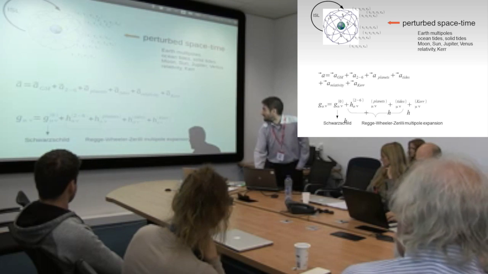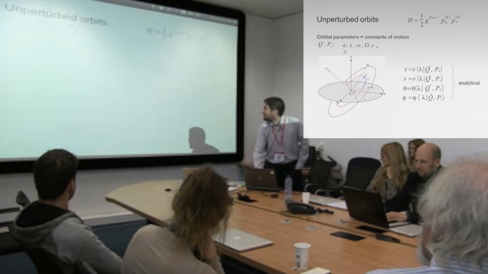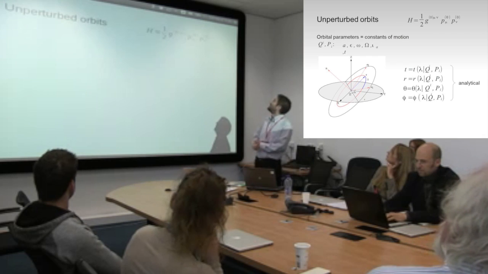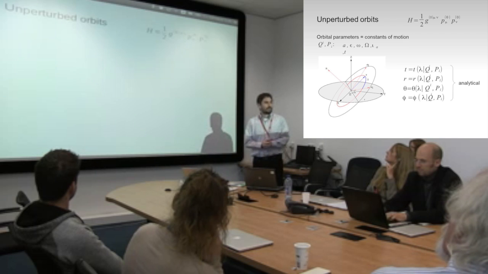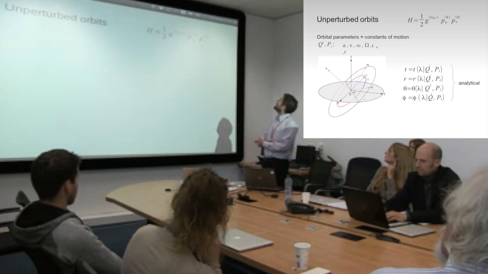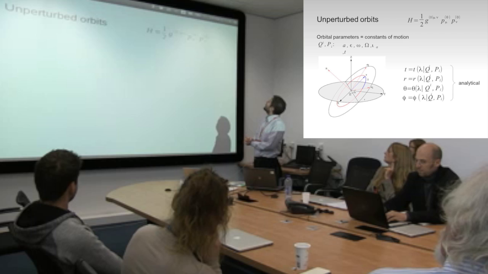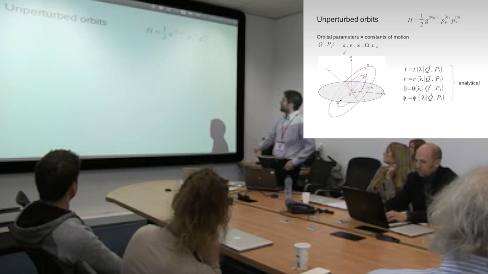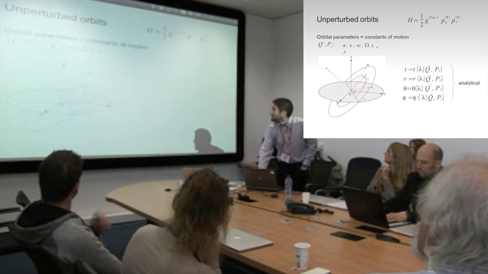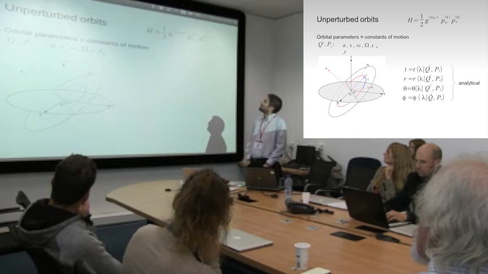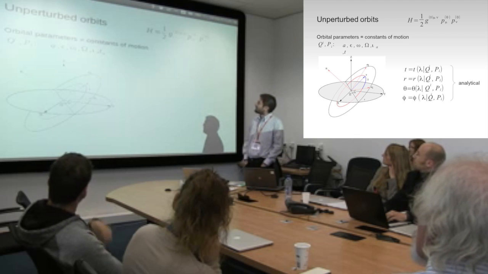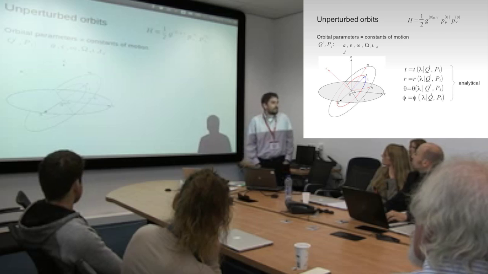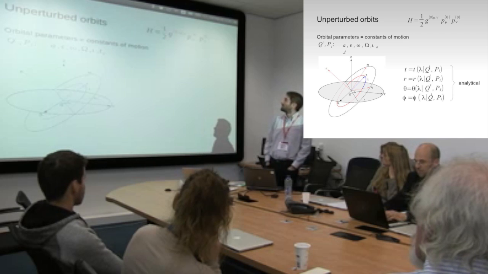So, when this was done, we needed to simulate the orbits, actually the dynamics of the satellites. We did this with the Hamiltonian principle. This is how it's done in general relativity. We have the orbital parameters, 6 of them, the same as in the Newtonian case.